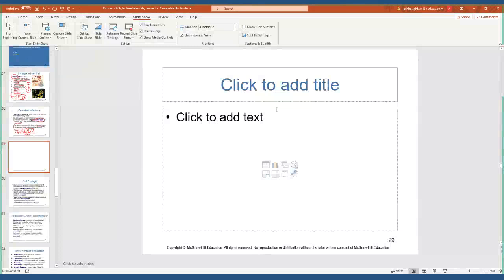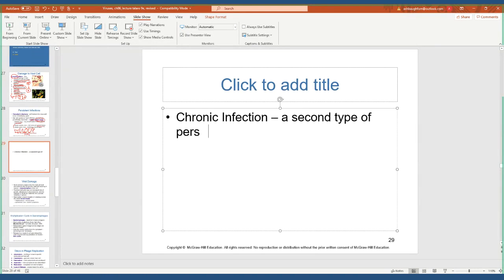So another one is the chronic type of infection. Let me write that in here. Chronic infection. This is a type of persistent infection as well. A second type of persistent infection, one that's long lasting, all right?